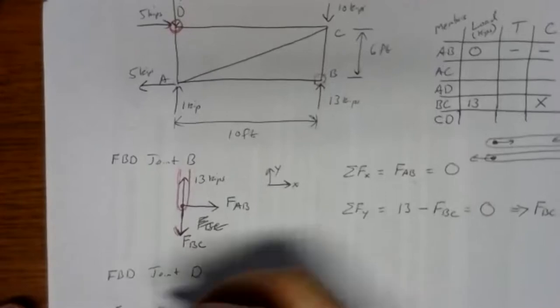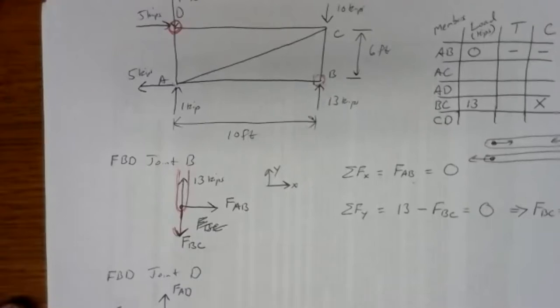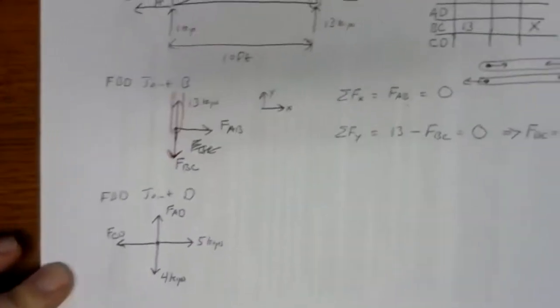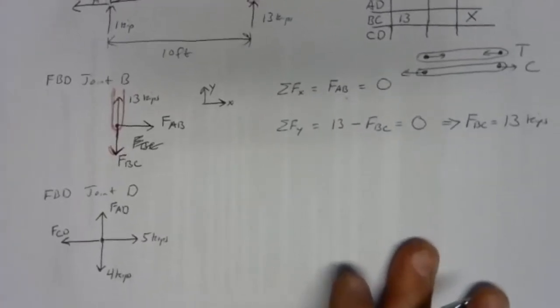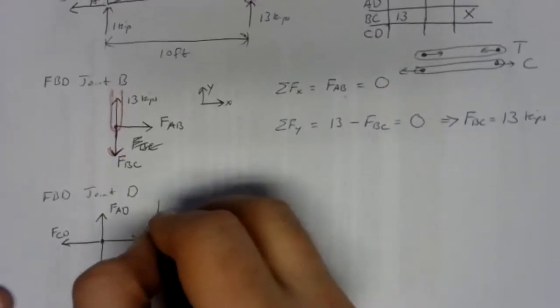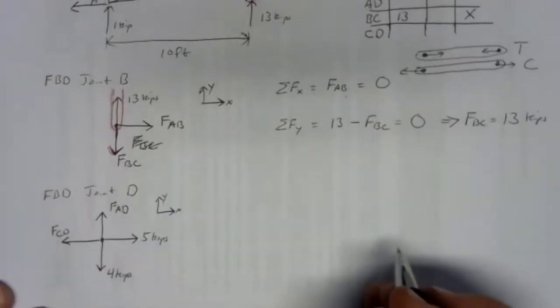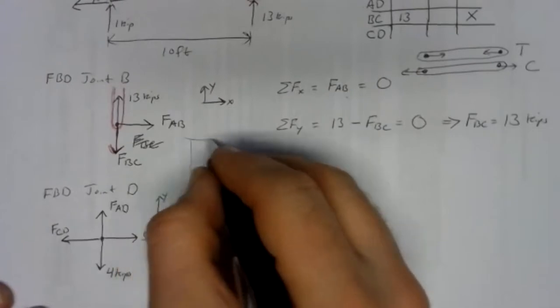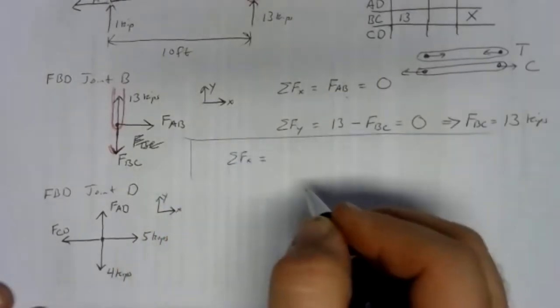And then we have member AD. I'm going to assume member AD pushes up on joint D. So there's my free body diagram for joint D. Got our coordinate system. And we can do our sum of forces. So we've got the sum of forces in the X direction.